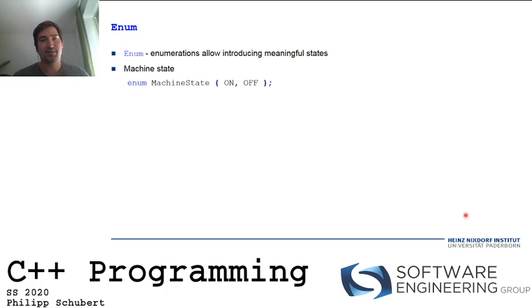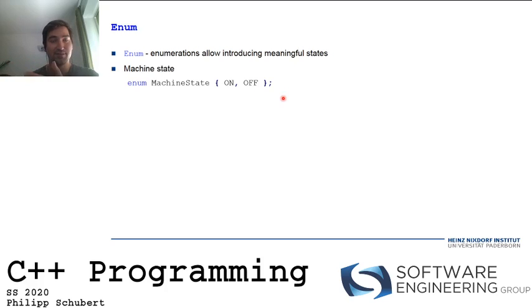And how that works is you use again the enum keyword. It's a keyword. You give your enumeration a name, so to say an enum type name, which you call machine state. And then again, you have a pair of curly braces, open curly brace, then your definition, closing curly brace, and then, again, don't forget the semicolon here. And within your enum definition, you can just declare a bunch of states that this enum should have.